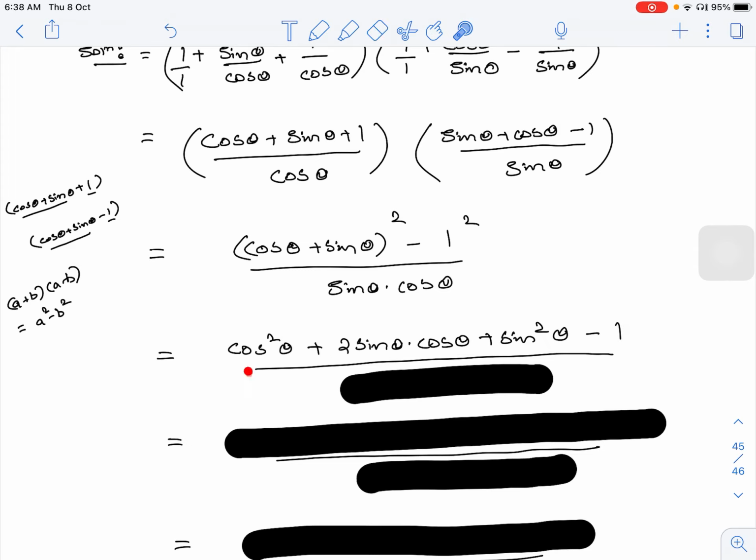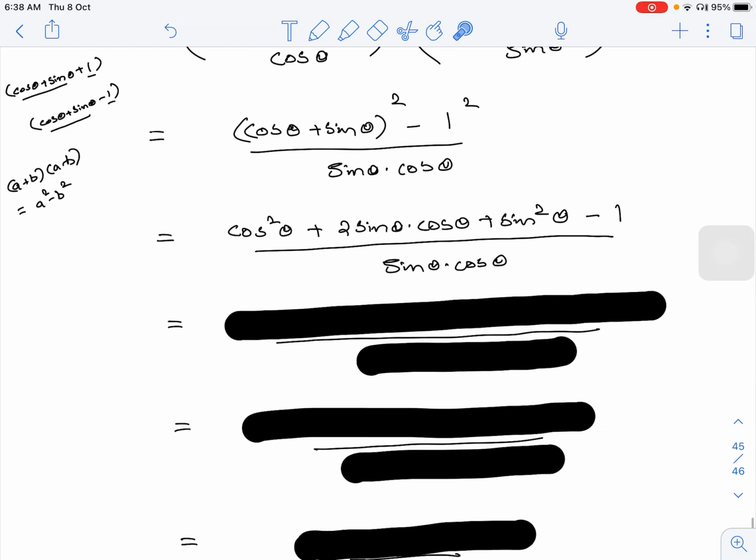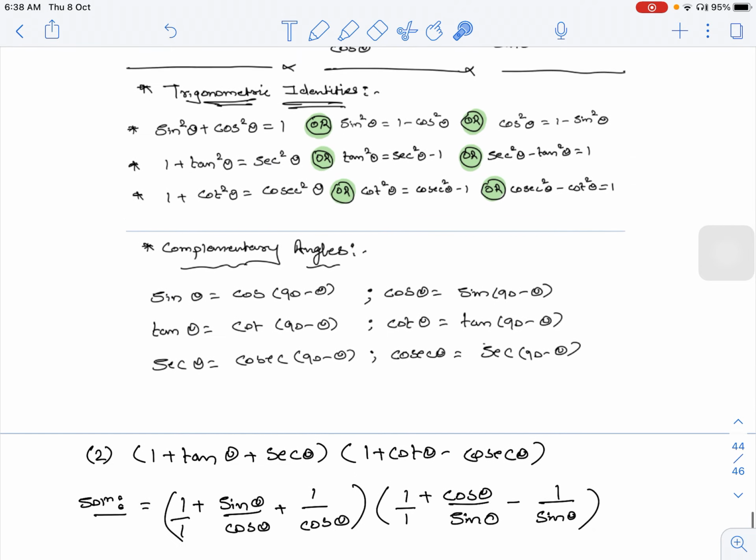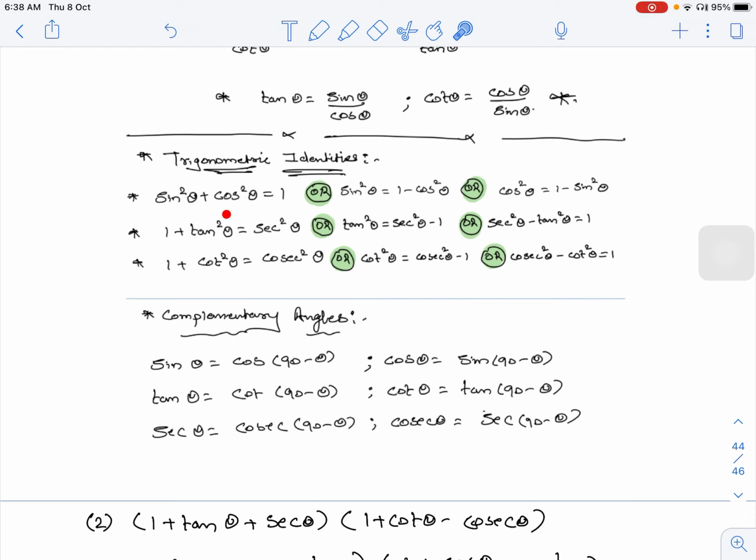That is first term square plus 2 into first term into second term plus second term square, minus this 1 square, divided by sin theta cos theta, which remains as it is. Now in the next step, again you can see here it is cos square theta plus sine square theta. Already we have seen an identity. What is sine square theta plus cos square theta? Its value is 1.